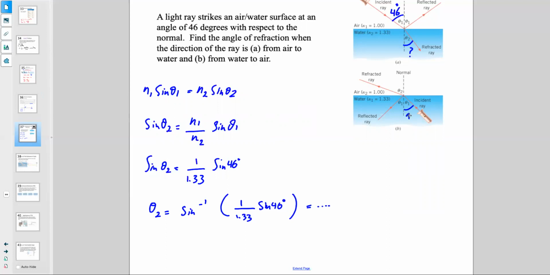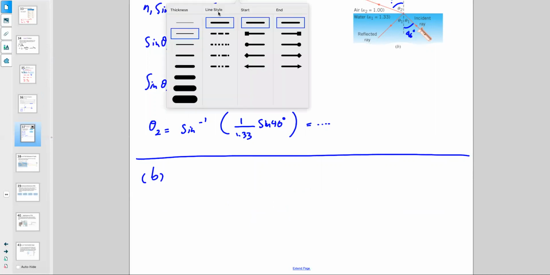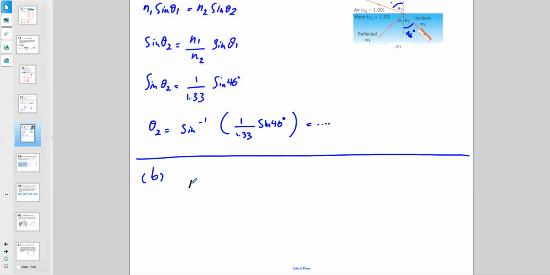And for part B, this is 46 degrees, and this is missing. So for part B, we're dealing with something completely opposite. n1 sine theta 1 should be equal to n2 sine theta 2. N1 this time is water, which is 1.33, times sine of 46 should be equal to n2, which is 1, times sine theta 2.